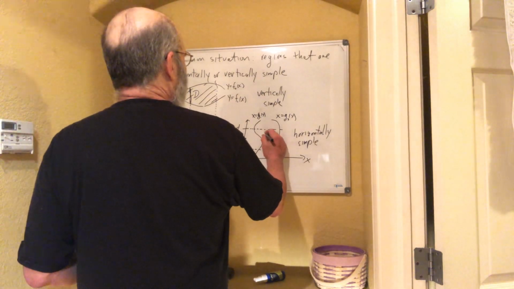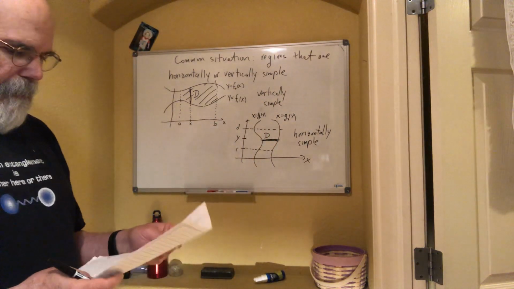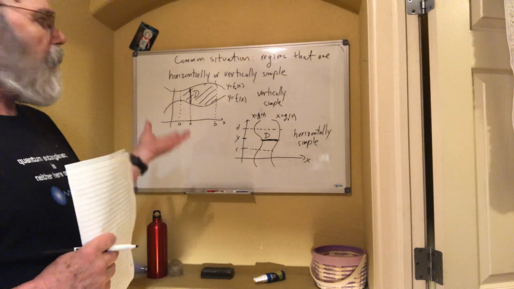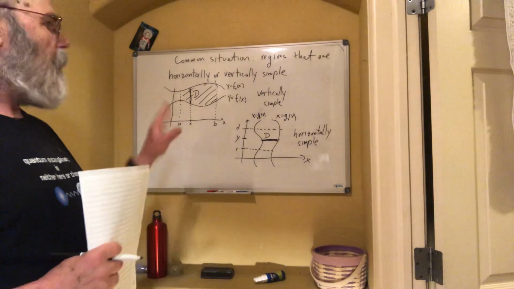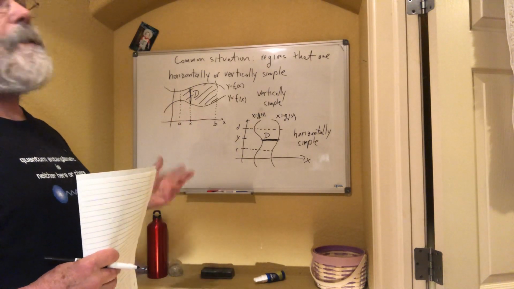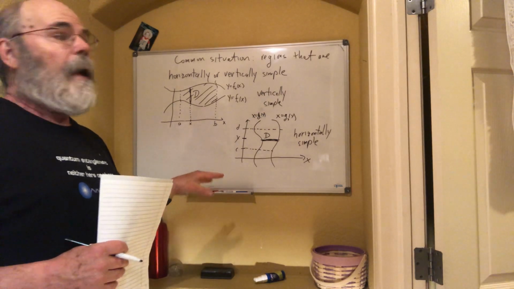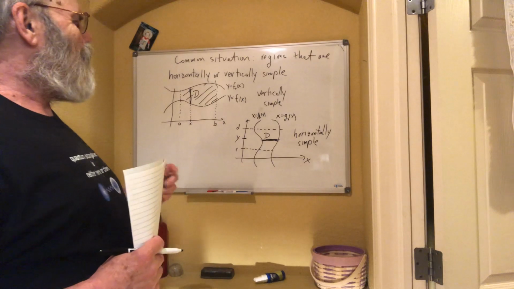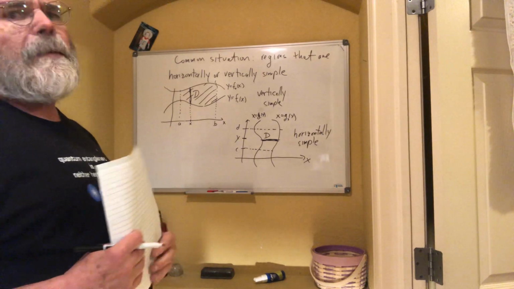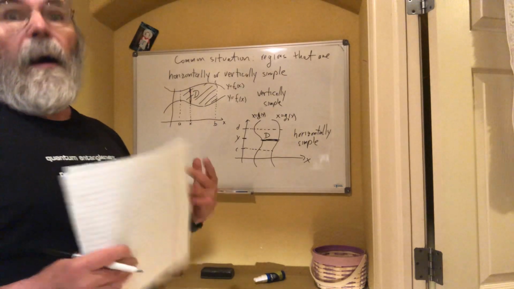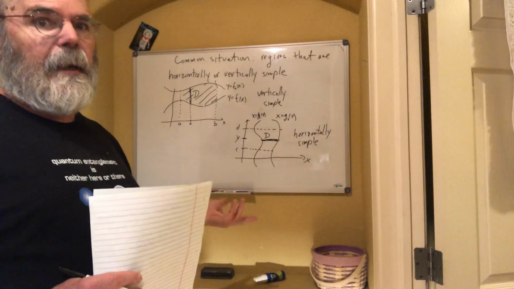This is the region. We call these regions D. It doesn't really matter. Anyway, so there certainly are shapes that are neither one of these. But like I said earlier, there are also many shapes that are both of these. And another thing that can happen too is if a region itself is not horizontally simple, it can often be decomposed into regions that are simple in this sense.